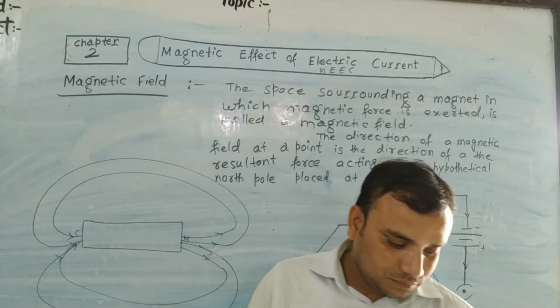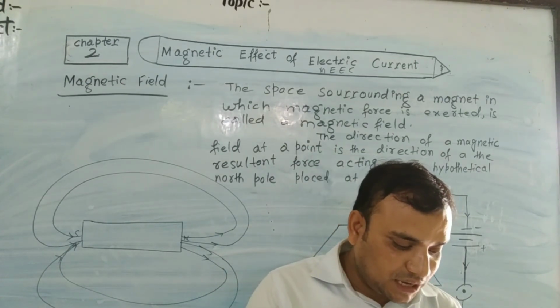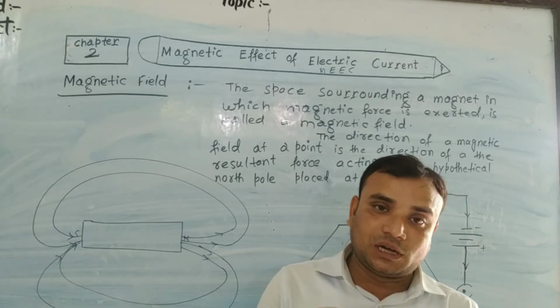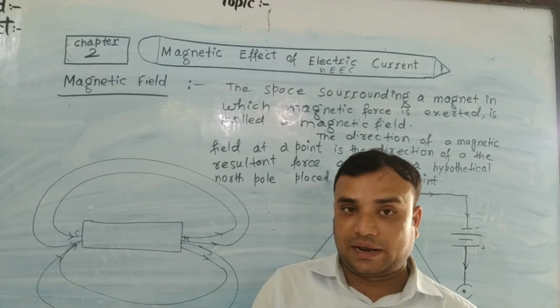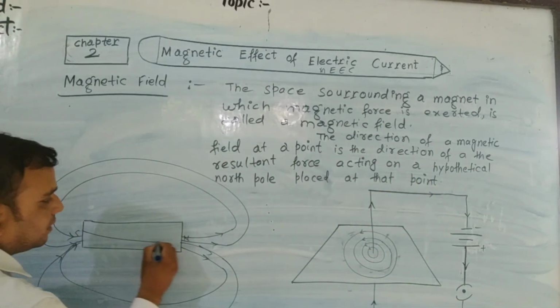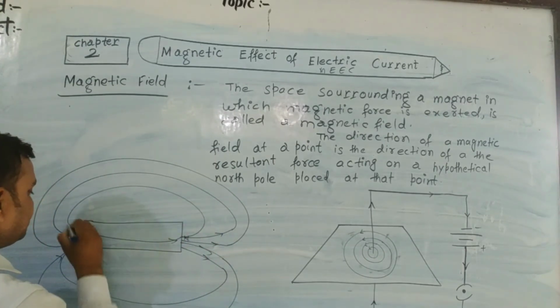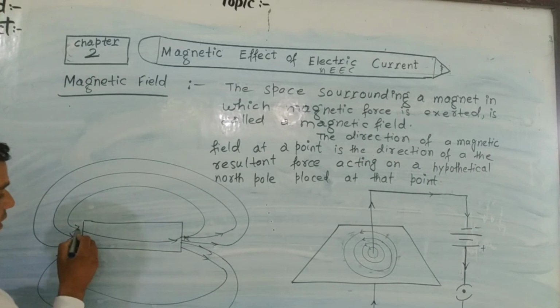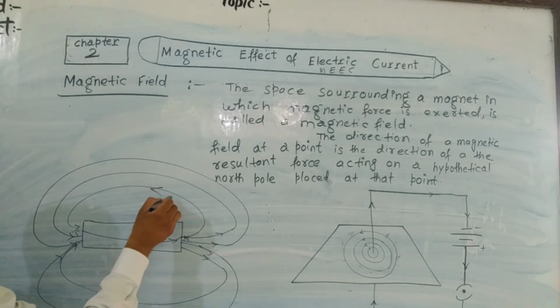Inside the magnet, however, the direction of magnetic field line is from the south pole of the magnet to the north pole of the magnet. That means the inner way, this side. Inside it is not north to south but south to north, while outside it is north to south.